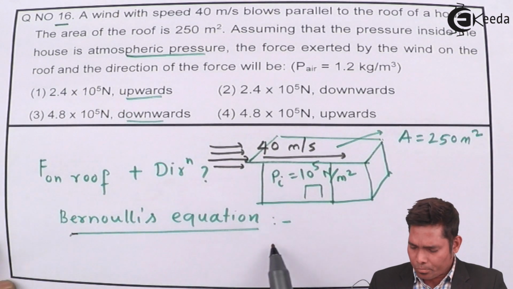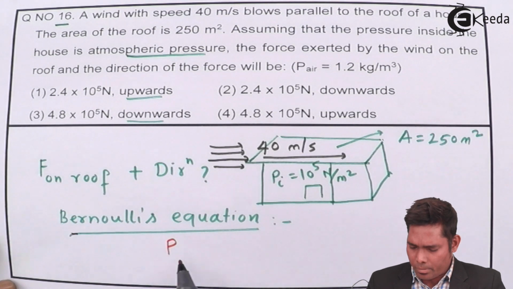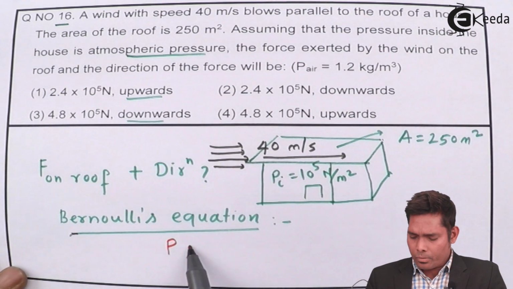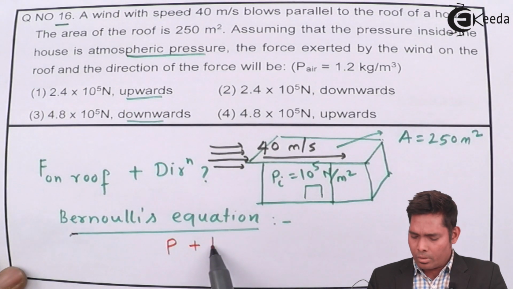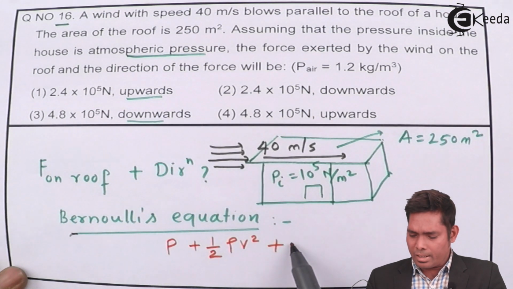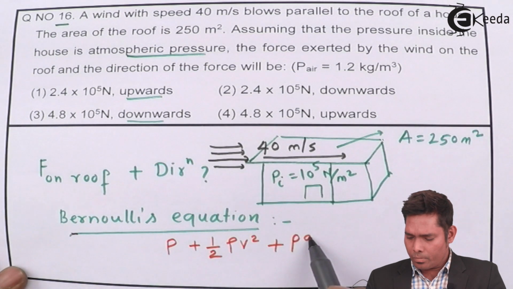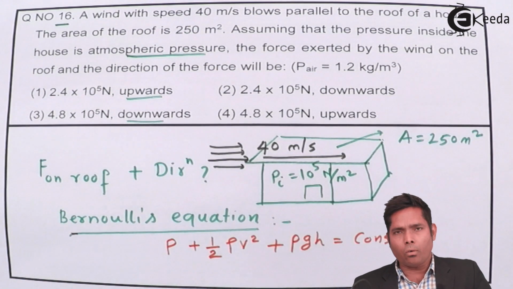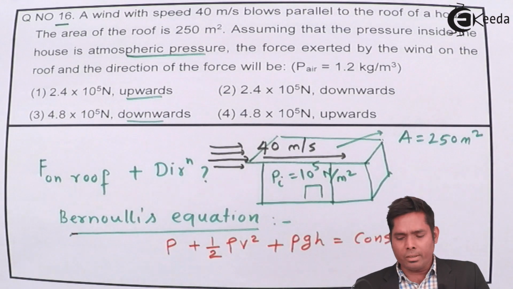That is the pressure energy per volume plus kinetic energy per volume plus potential energy per unit volume is constant for a streamline flow of ideal fluid.